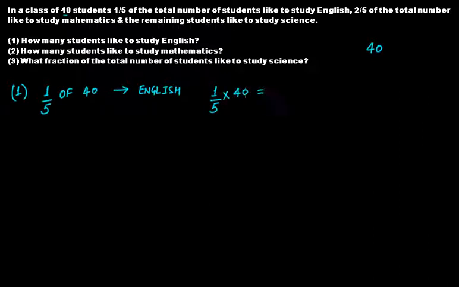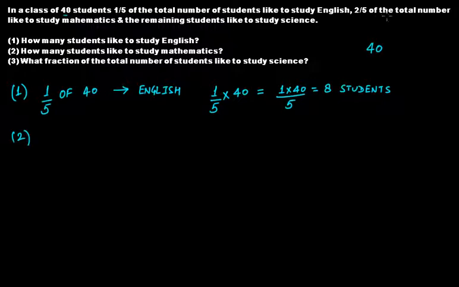This will be equal to 1 times 40 divided by 5, and this will give you 8. So a total of 8 students like to study English.